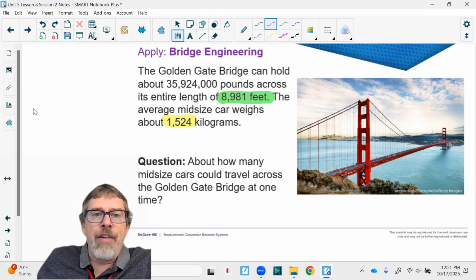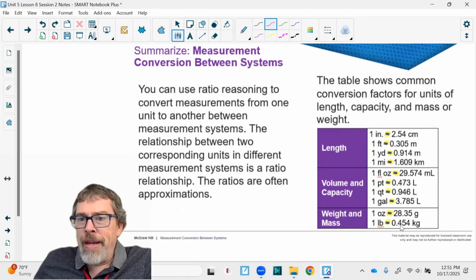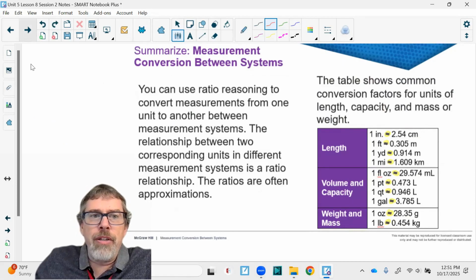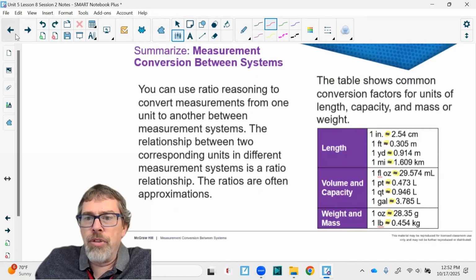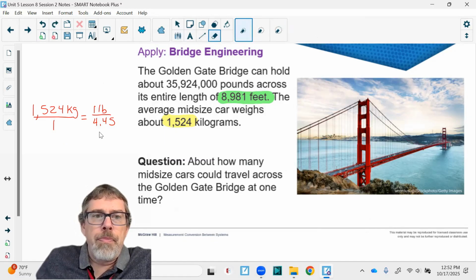So if I have 1,524 kilograms, and I put that over 1, I want that to equal the ratio of kilograms to pounds, which is back here under weight and mass: 1 pound is 0.454 kilograms.